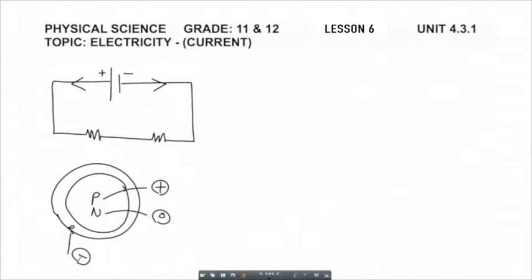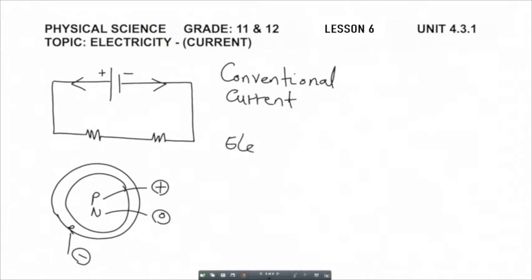Therefore, what we can conclude out of this scenario is that we have two types of currents. The conventional current, which must flow from positive to negative. And then we also have the electron current.